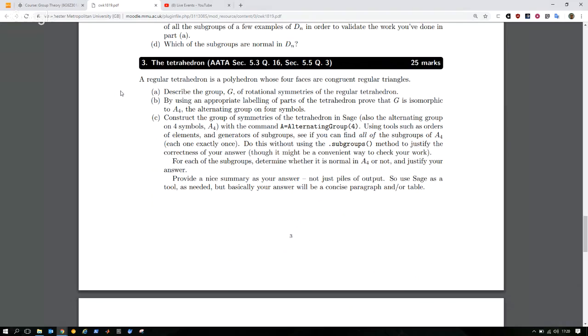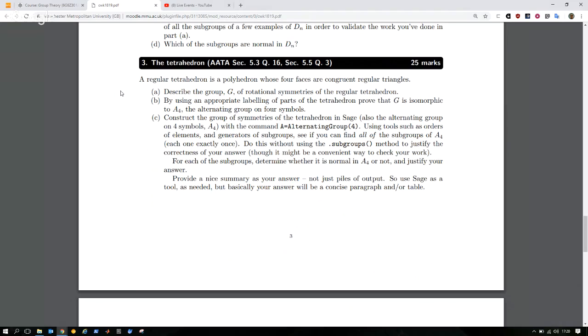Okay, so does everybody know what the tetrahedron is? You have 4 equilateral triangles in space. You can build it: if you take 6 skewers or something, you can build a model, or from paper. And then there are some things that you can do with it.